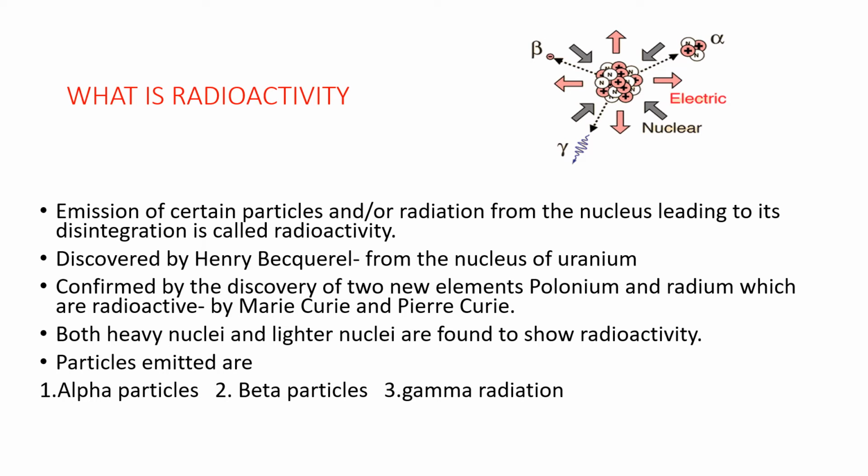Now, during radioactivity, there are three main types of particles emitted: alpha particles, beta particles, and gamma radiations. You also have the emission of positrons, you also have the emission of neutrons, etc. during radioactivity.